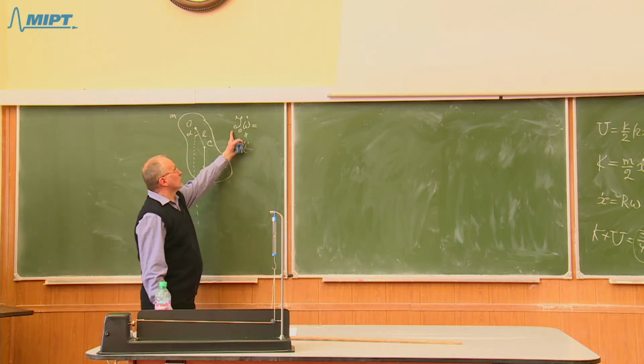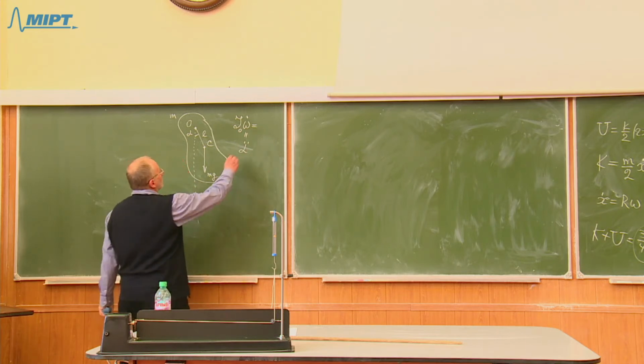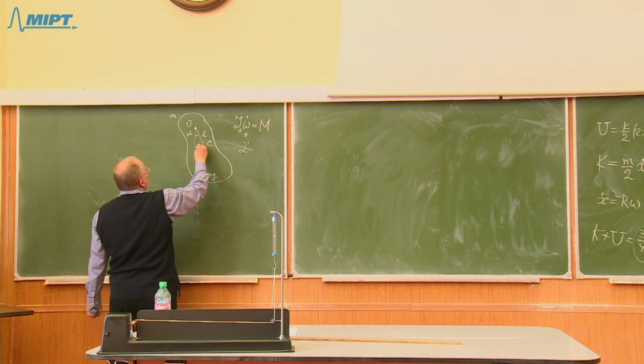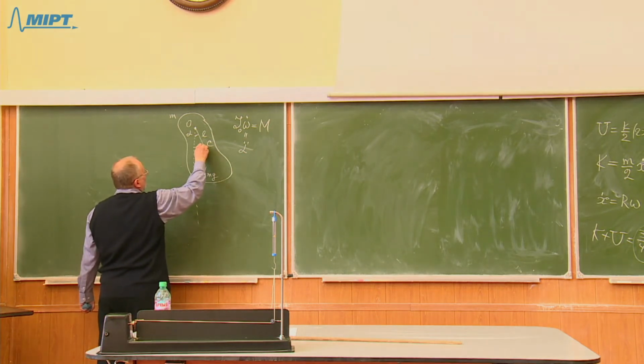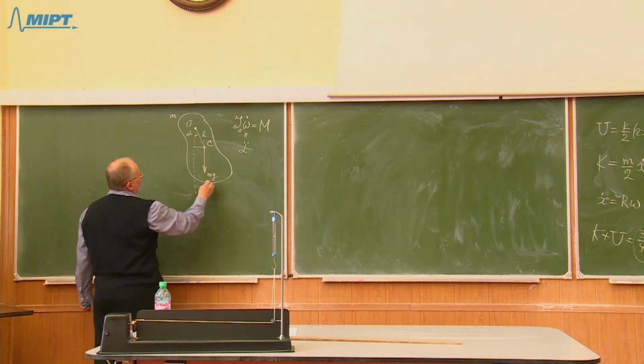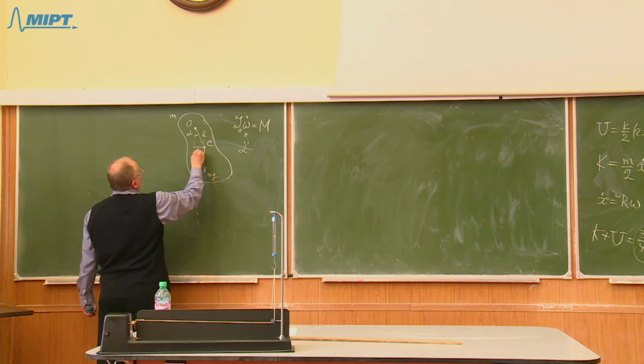The rate of change of angular momentum must be equal to the external torque. Let the torque be M, and M will be equal to the arm of the force times the force of gravity, mg, times this arm of the force.